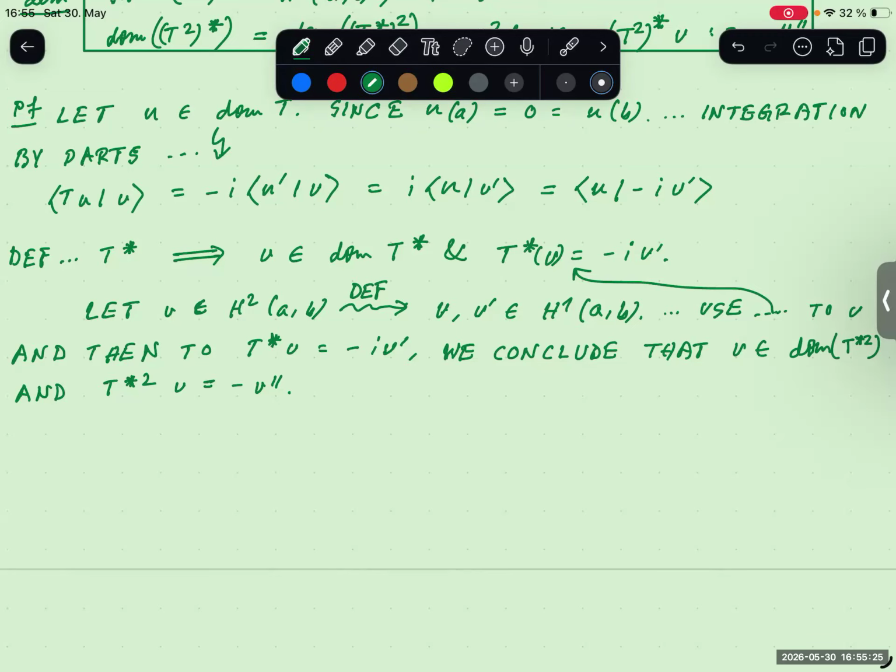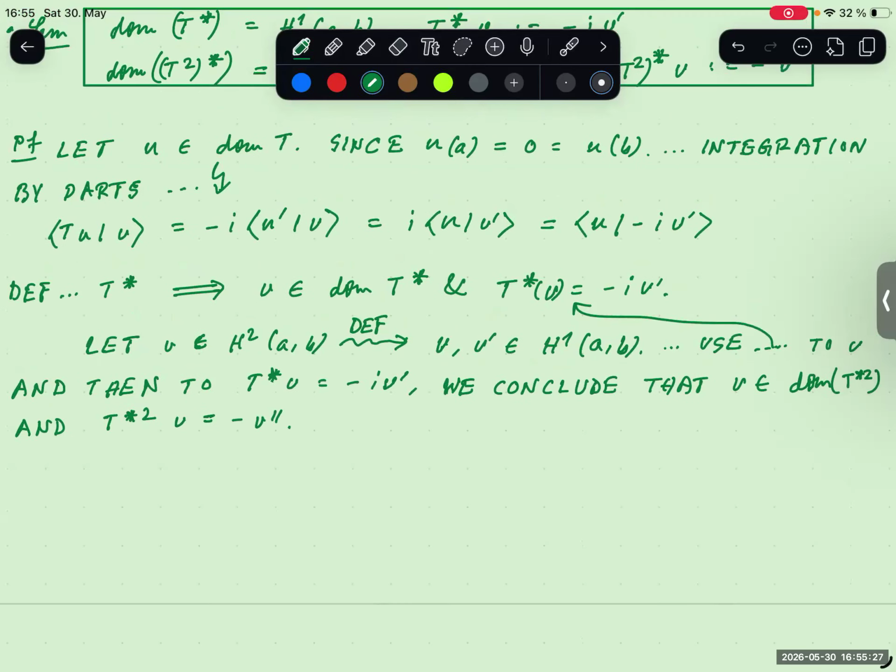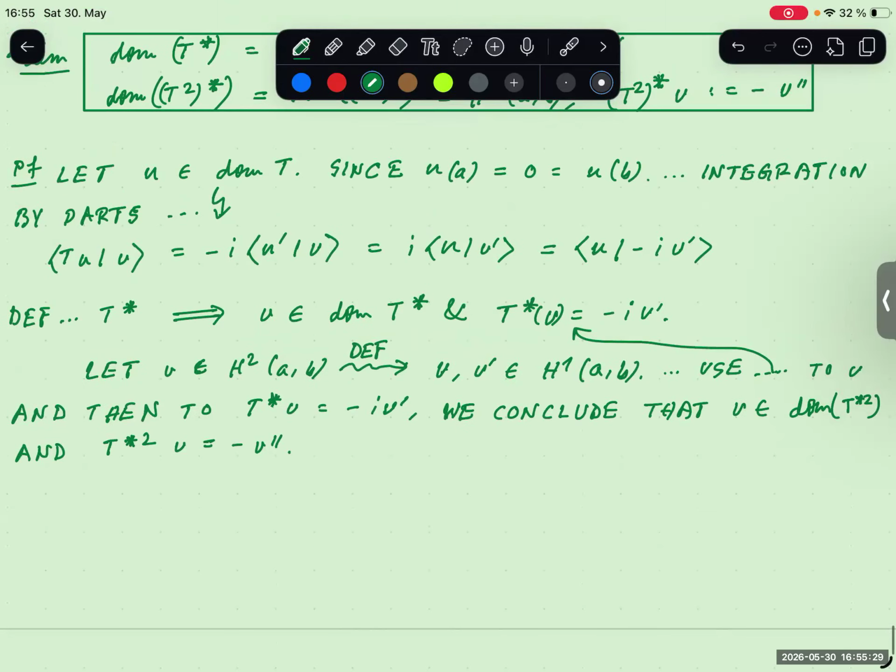So is it clear what we are doing and why? It's a system, so maybe I give you time. First, to get T star squared, we first need T star. How do we get it? From general theory, you derive something like this. So we do this, and then you say, okay, this is the T star that is defined.